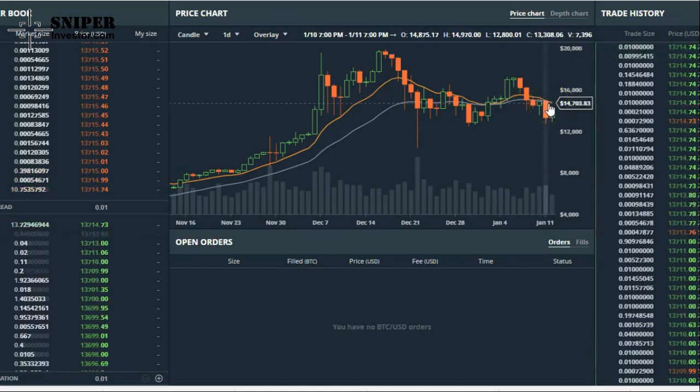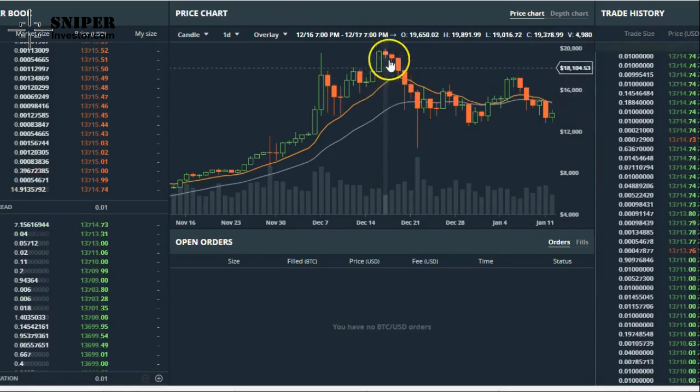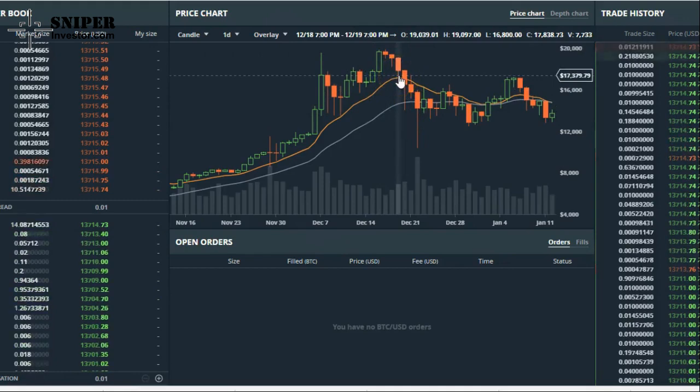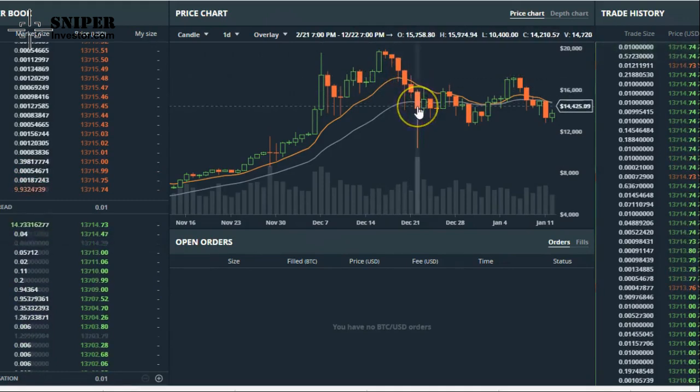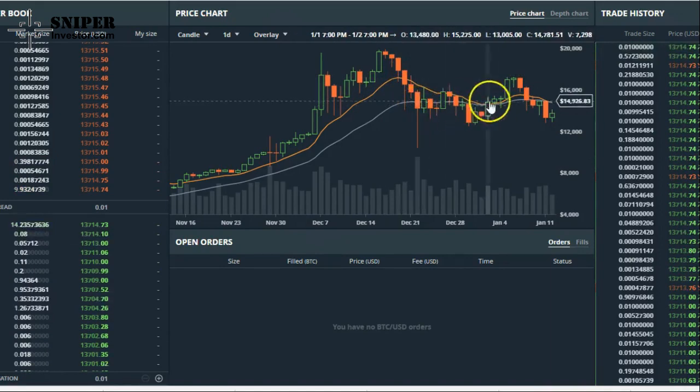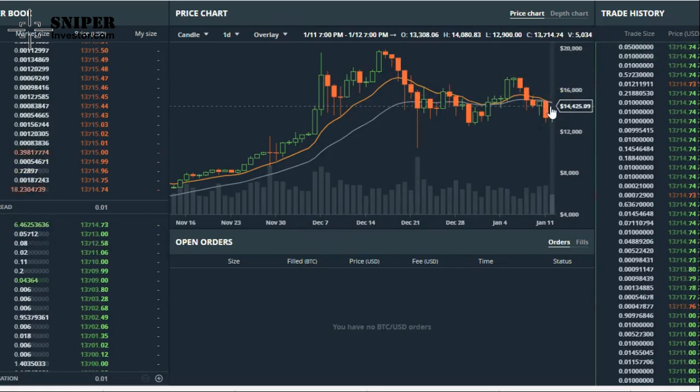Definitely another bearish signal when your 12 crosses over below the 26. So you look for your Bitcoin to close below the 12, bearish signal. Look for it to close below the 26, bearish signal. Now, if the 12 closes below and crosses over the 26, bearish signal.